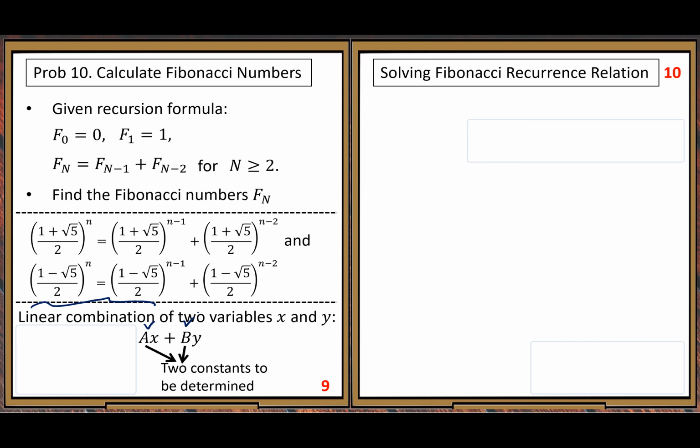Look at this conclusion: the linear combination A T1 to the kth plus B T2 to the kth will be a new solution for any A and B. Can you see this nice thing?